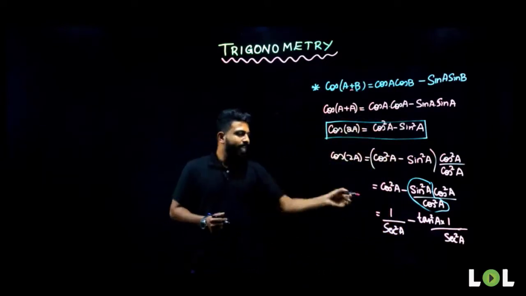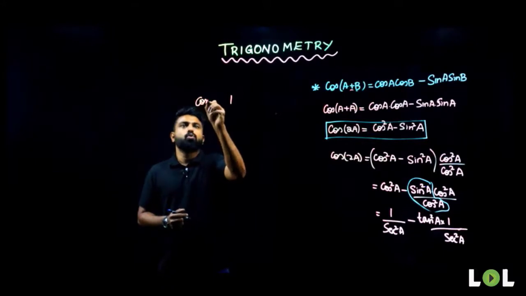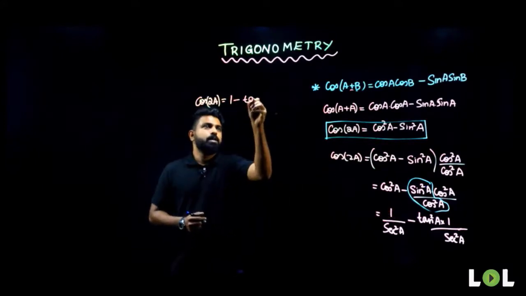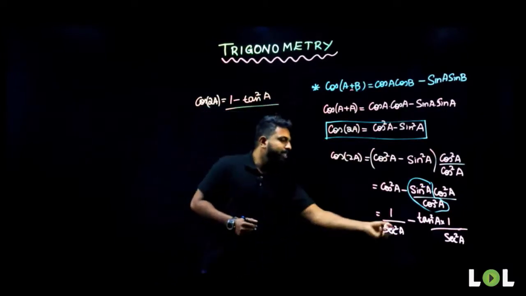Now if I simplify that, what will I be left with? I'll be left with cos 2a equal to 1 minus tan square a divided by secant square a.